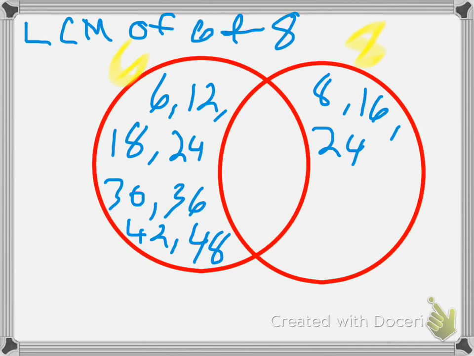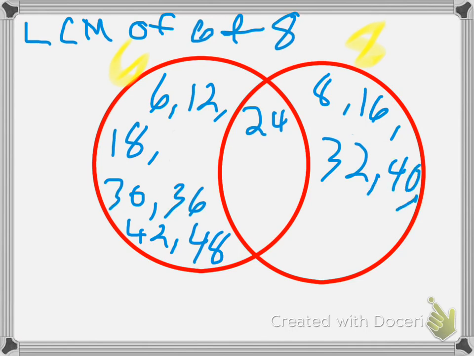So instead of being in the multiples of 8 and the multiples of 6 sections, I'm going to have to move that in my Venn diagram to the center. Alright, so we have 24 in there, keep going, 32, 40, and 48, but I realize again that 48 is in both, so I'm going to erase that on the left here, put it in the center because that's a multiple of both.